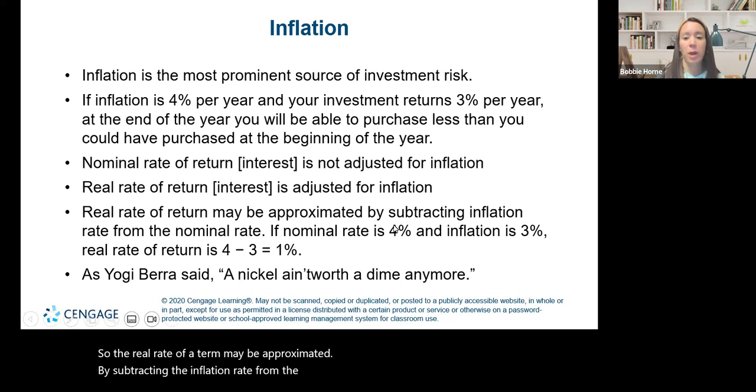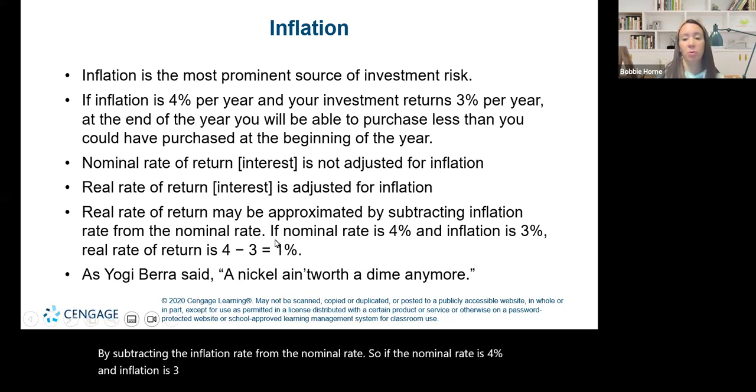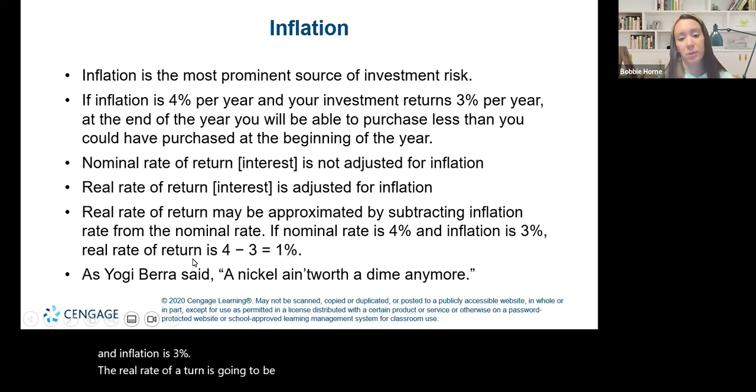So if the nominal rate is 4% and inflation is 3%, well, the real rate of return is going to be 1%. As Yogi Bear said, a nickel ain't worth a dime anymore. That's kind of how inflation works. It's not worth as much.